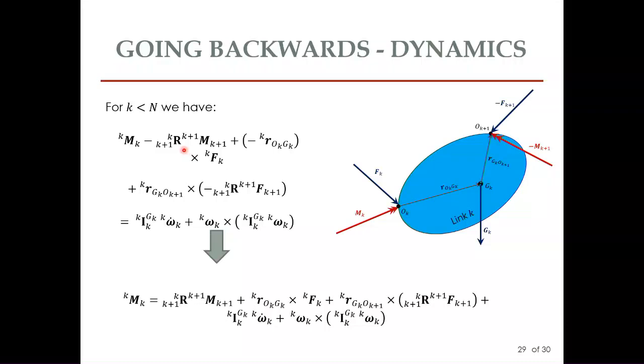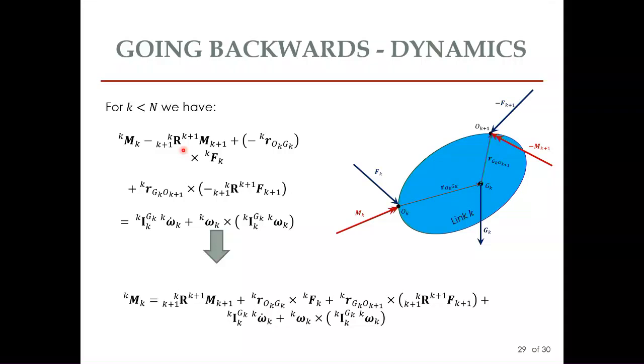Do you understand why I need the rotation? Because I calculated in the frame of the link. So when I move to the previous link, I need to adjust the frame.